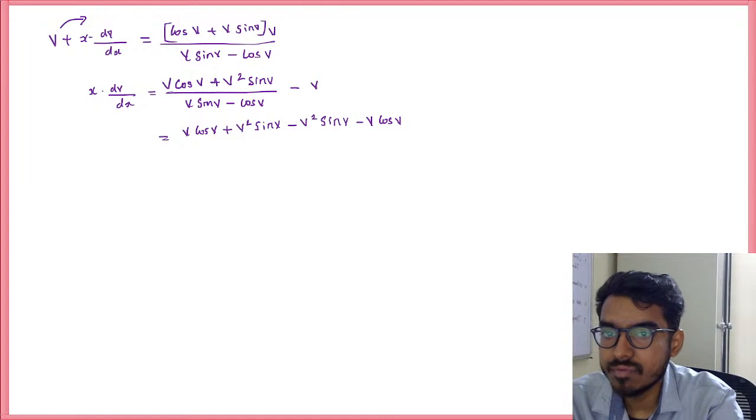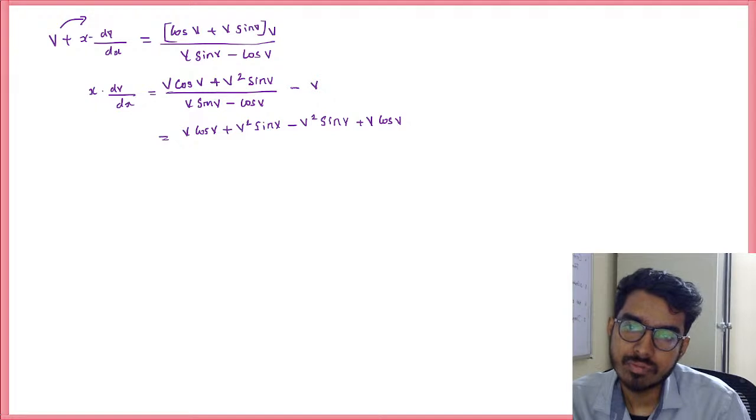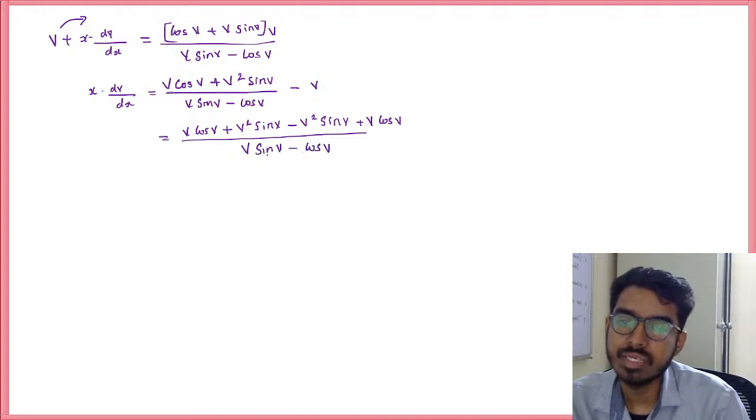Yes, so v sin v minus cos v, cos v plus v square plus v divided by v into sin v minus cos v.